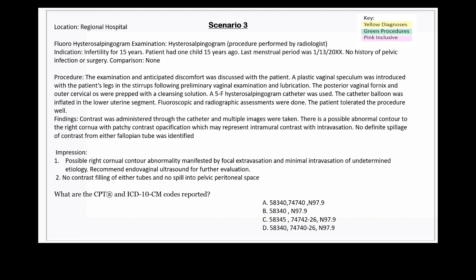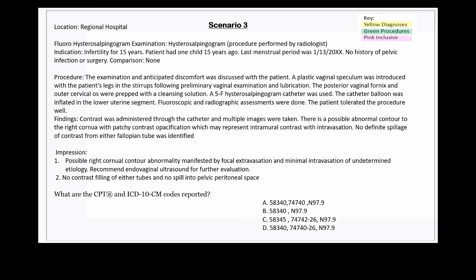Findings, contrast was administered through the catheter and multiple images were taken. There is a possible abnormal contour to the right cornual region with patchy contrast opacification, which may represent intramural contrast with intravasation. No definite spillage of contrast from either fallopian tube was identified.